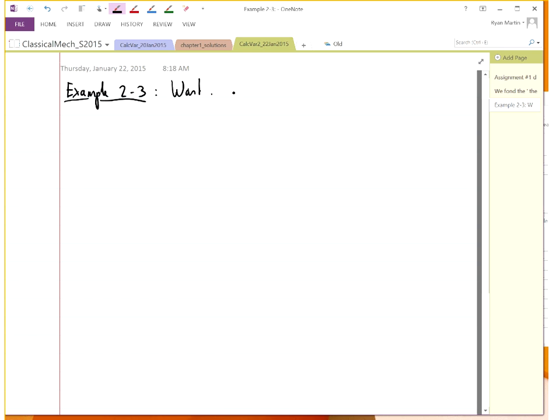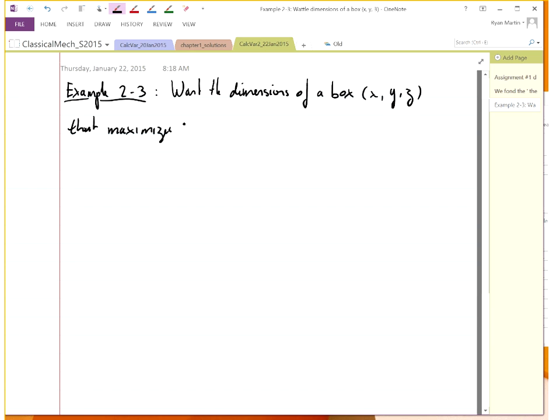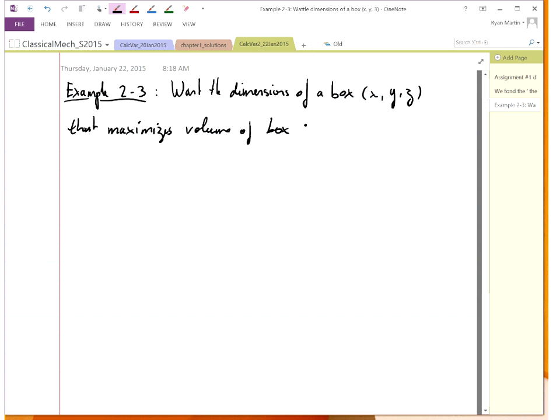So we want the dimensions of a box, we want x, y, and z for a box that maximizes the volume of the box for fixed surface area.